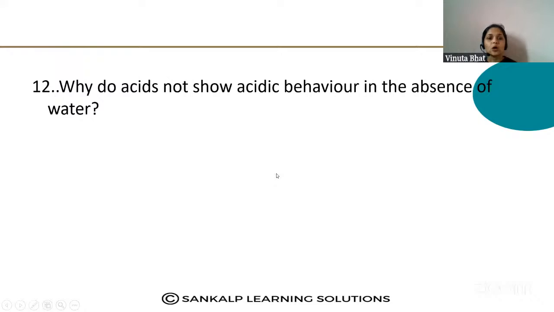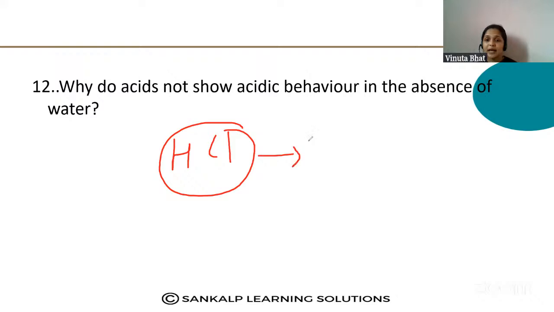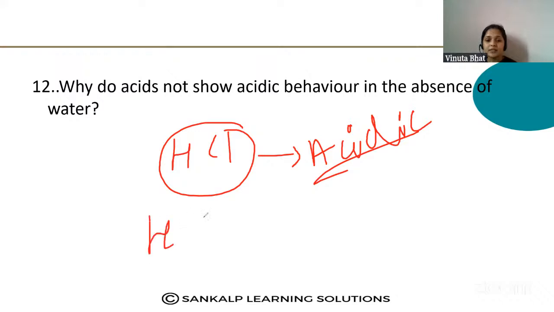Next question. Why do acids not show acidic behavior in the absence of water? Here, in the absence of water, for example HCl gas, it is not showing the acidic property. But when it is dissolved in a liquid, it shows the acidic property, that is, forming H plus ions.